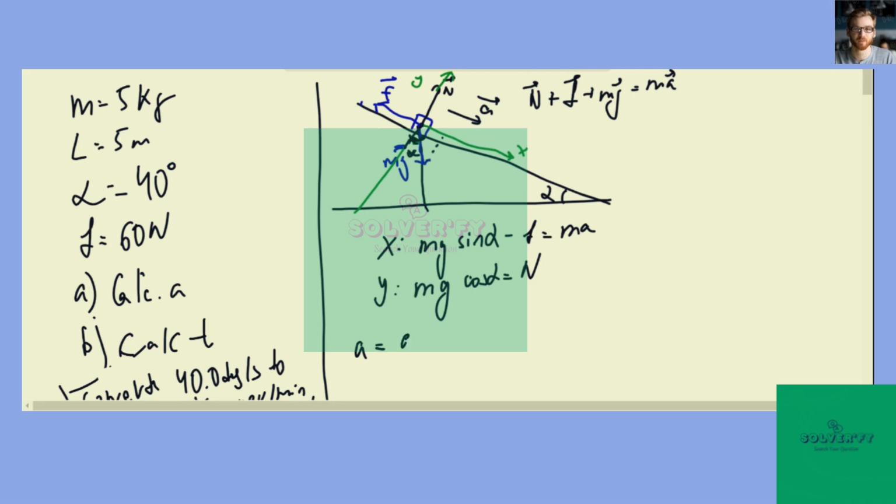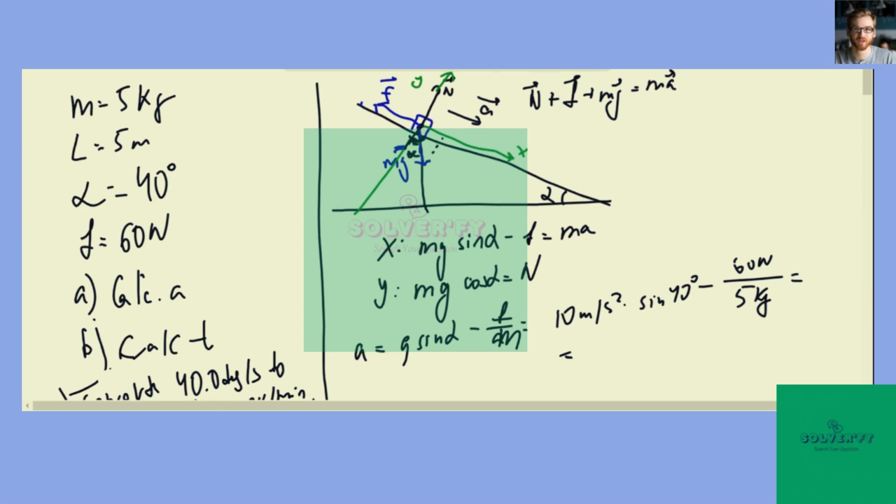It equals g sine alpha minus friction force over m, which equals 10 meters per second squared times sine 40 degrees minus 60 newtons over, oh sorry, 12 kilograms.